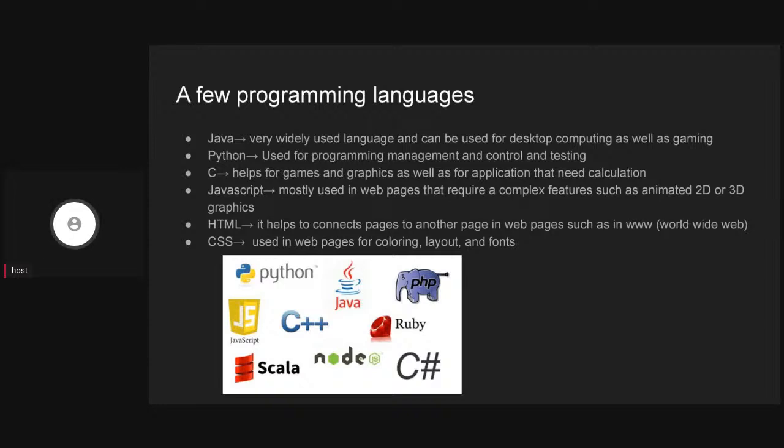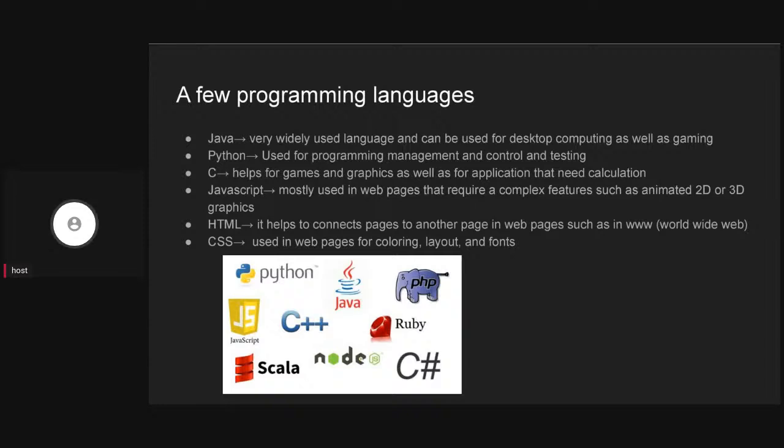It's one of the major programming languages that's being taught throughout colleges and universities around the world, and it's a very useful programming language, and you can do a lot of projects using Java.